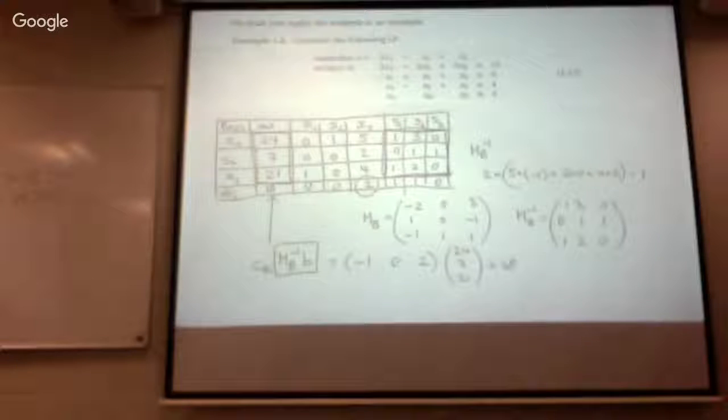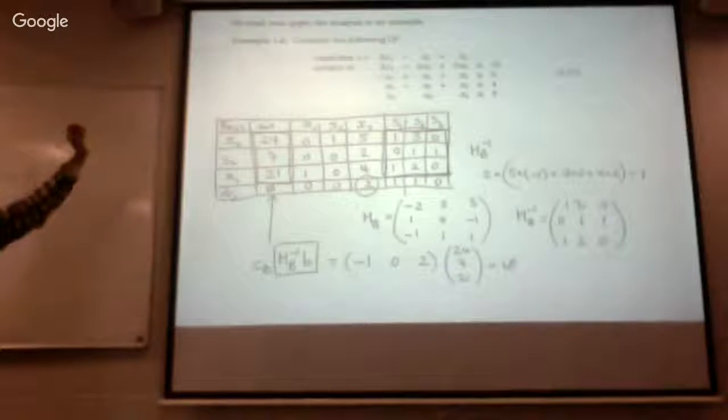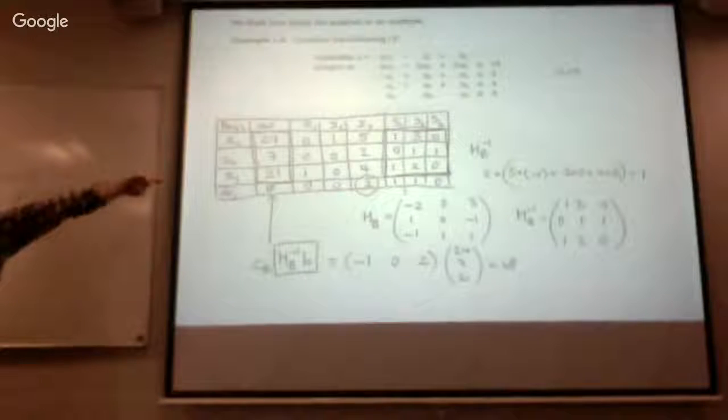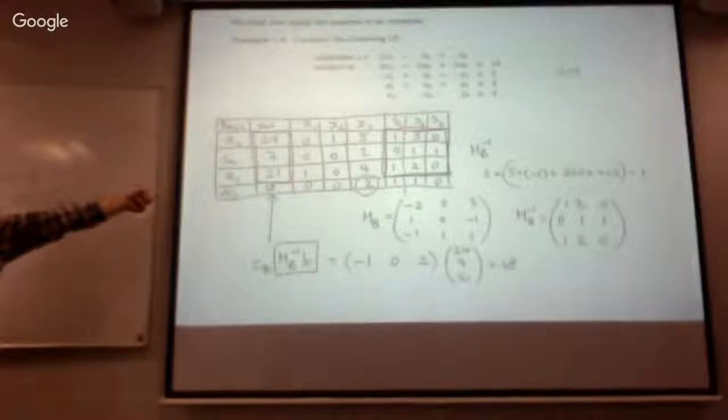Now we know enough to be able to do this exercise. So we've got an LP. I give you a basis. You should be able to write the tableau without pivoting in this way. It is in the handout I gave you last week, and if you haven't got it, come and pick it up.